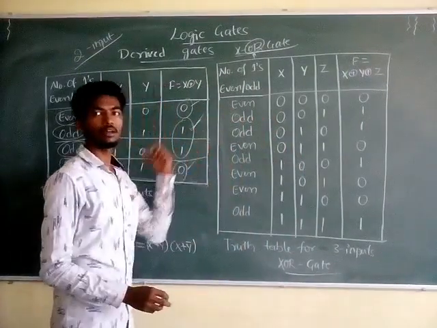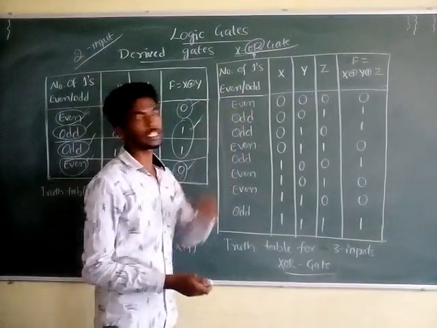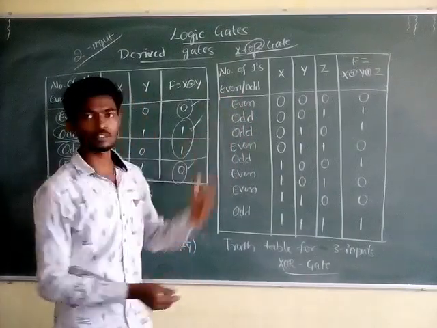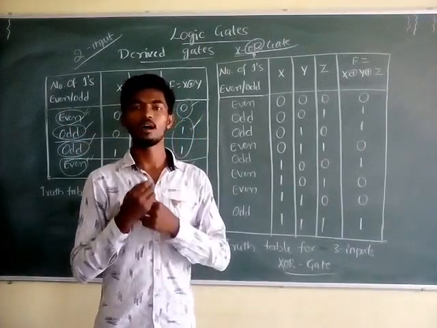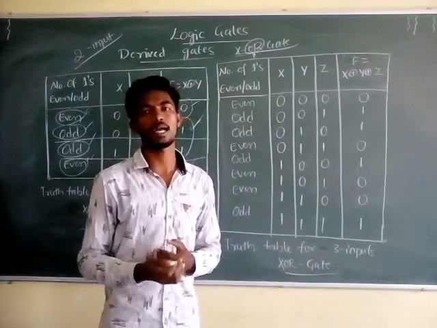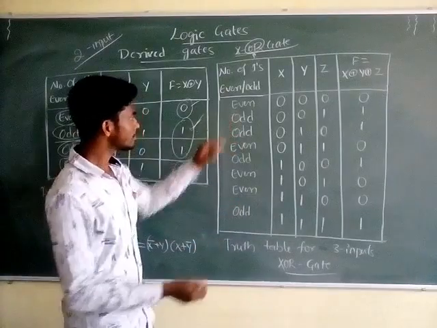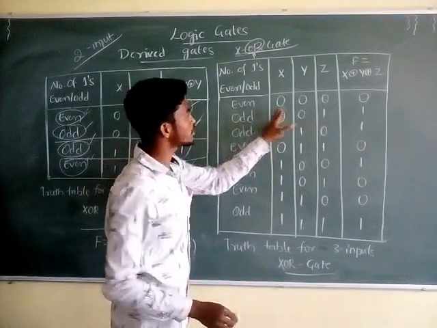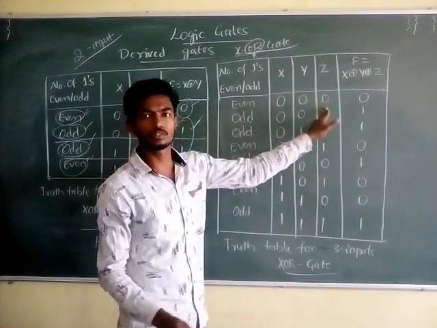This is the truth table for 2 inputs, and we have a truth table for 3 inputs as well. For that also the same condition applies. When the number of ones in a given combination is odd, the result will be high. See the first combination of 3 inputs, X, Y and Z: 0, 0, 0.